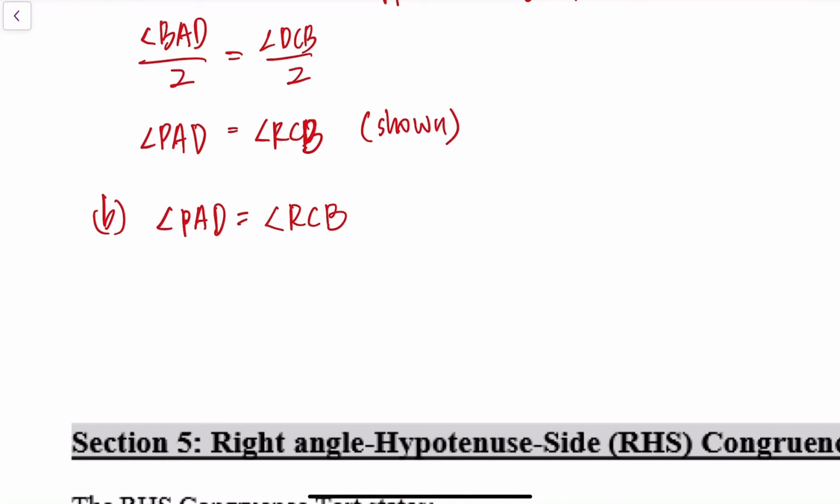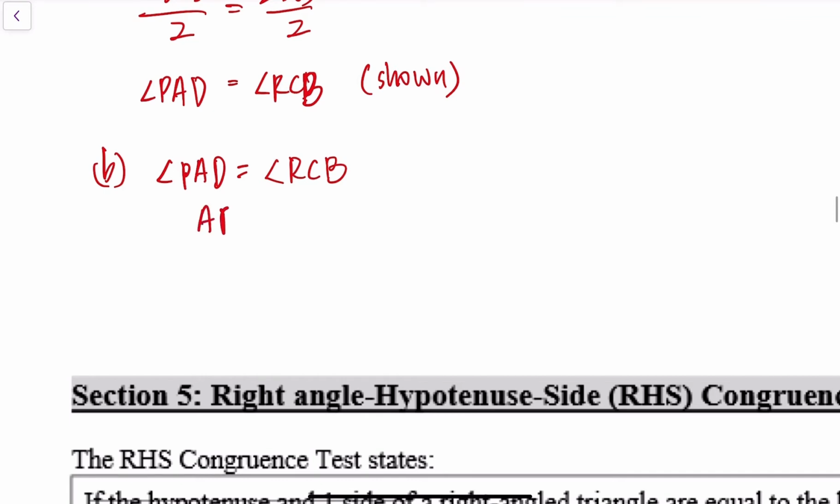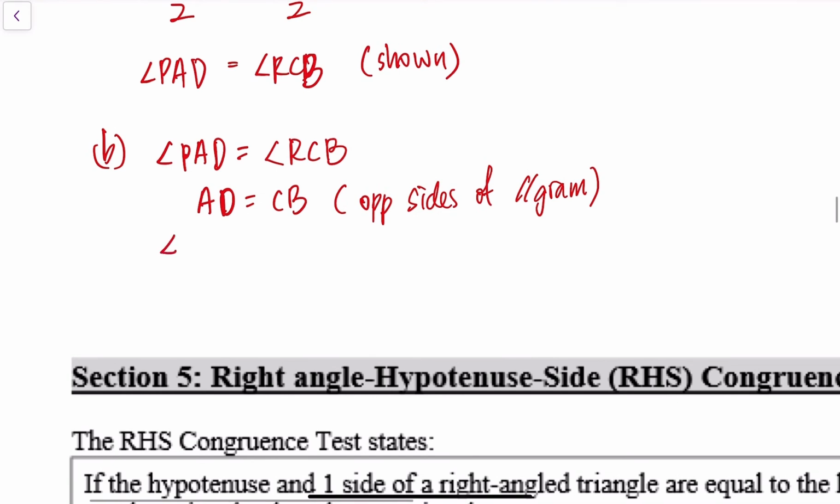Now the second one, the length. I know that the length AD is going to be equal to CB because of opposite sides of a parallelogram. So I know that they're going to be equal in the opposite side. Then the last one is the angle. As mentioned, it's the same working as part A. We know that CDA is the same as ABC because of opposite angles of parallelogram.